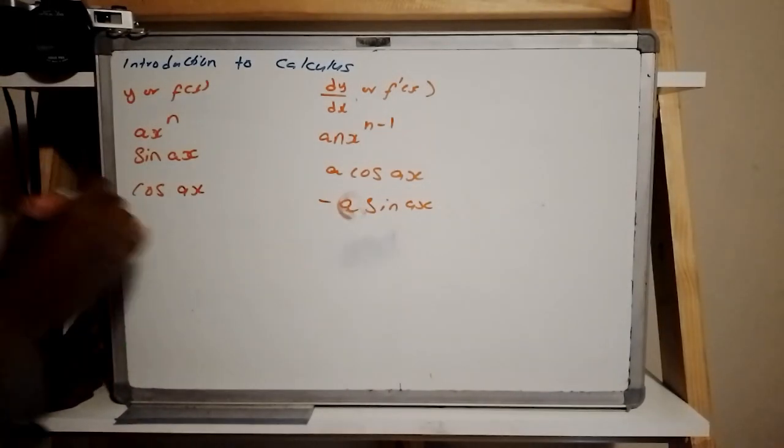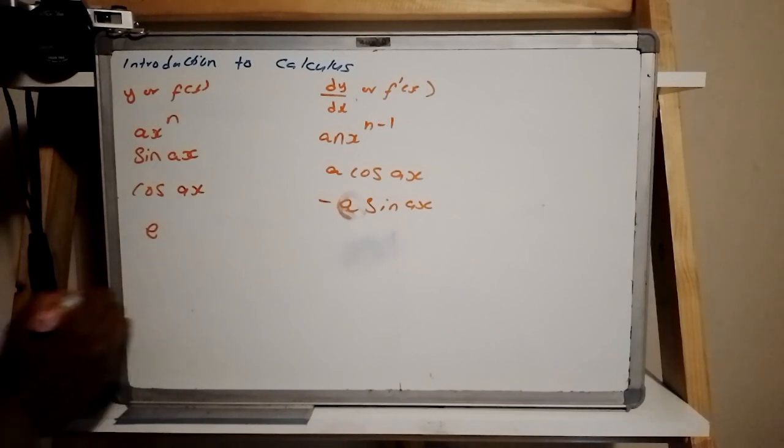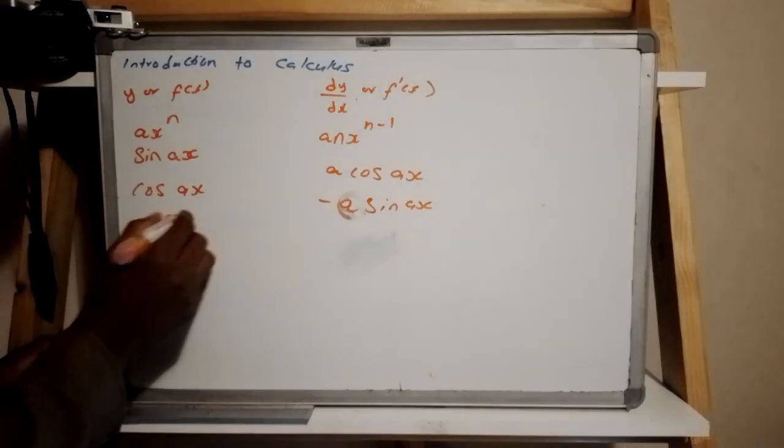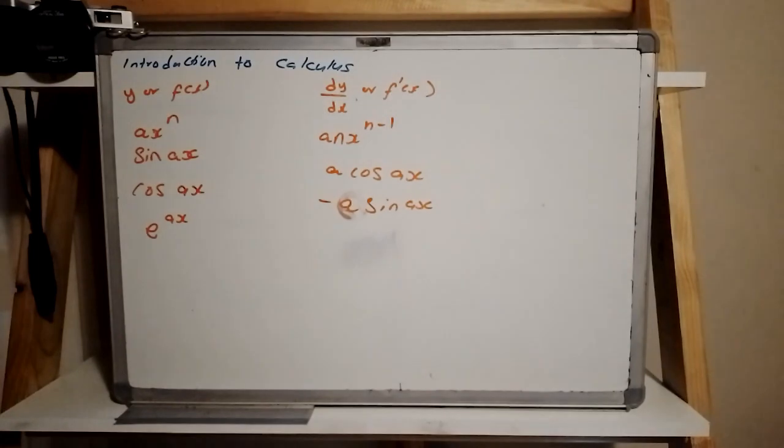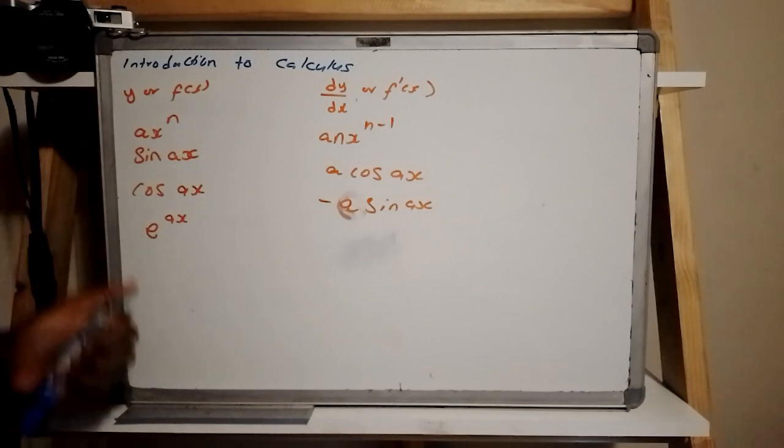Right? Now, when I differentiate e to the power ax, this is something new, guys. But I think you did this and you know this. You did this when you did limits. E goes hand in glove with limits.